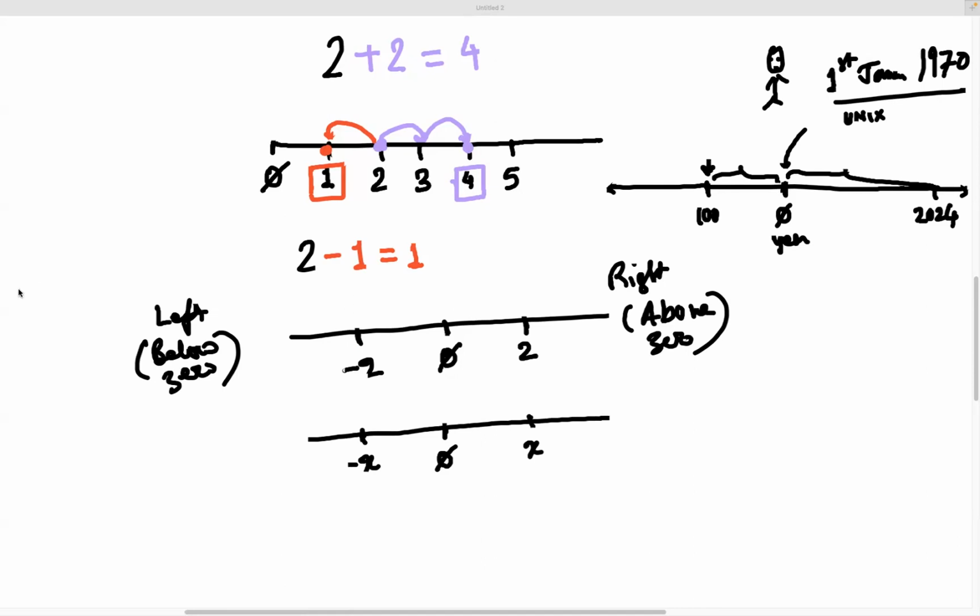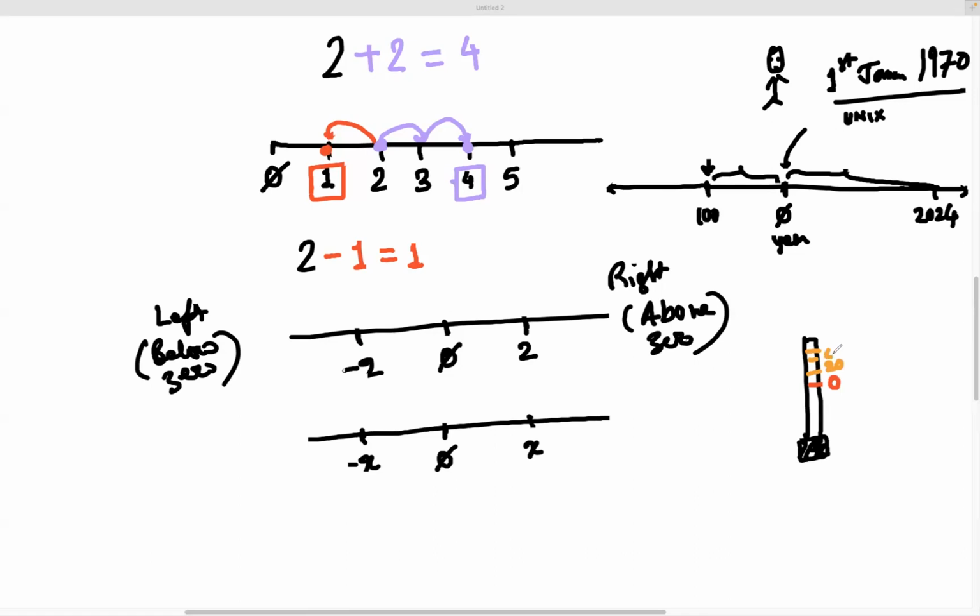Another example is that of a thermometer. So let's say this is a thermometer, and in this thermometer there is an origin which is centered at 0, and then above 0 there are values that are positive.